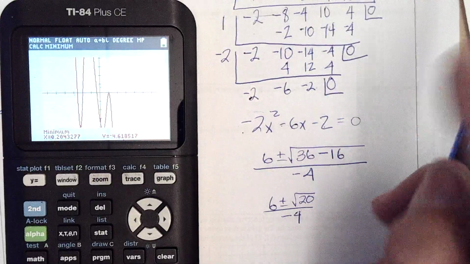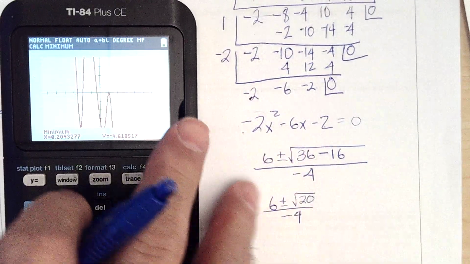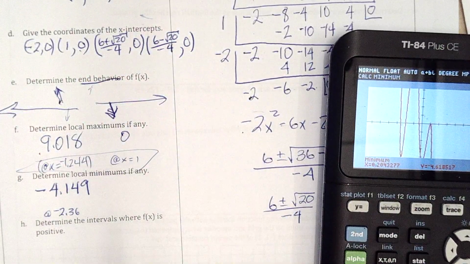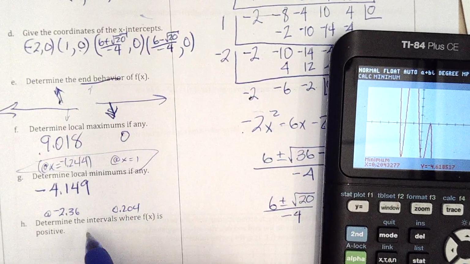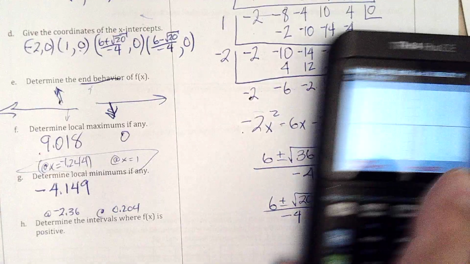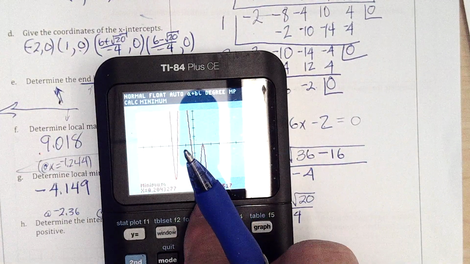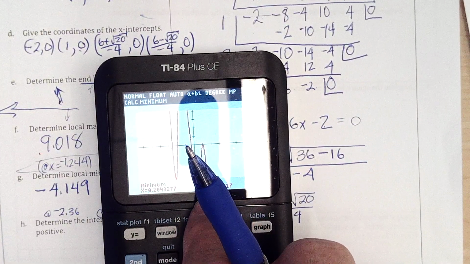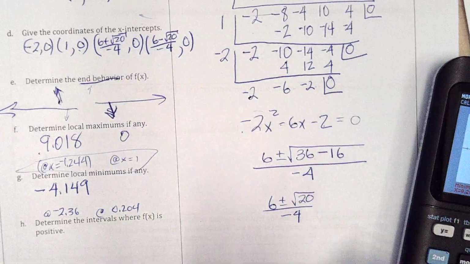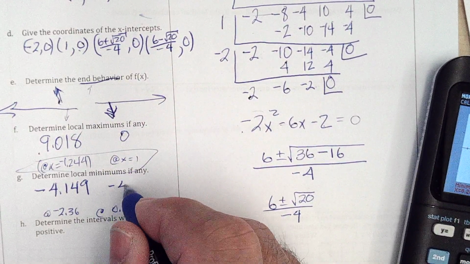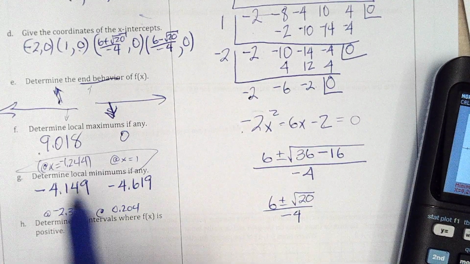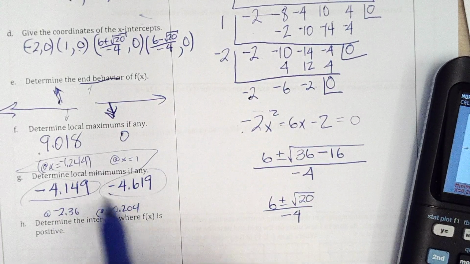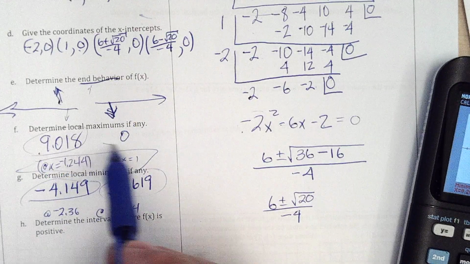And it says, no, 0.204 is where it's at. But the value is -4.619. Okay, so we got 2 local mins, and we got 2 local maxes.